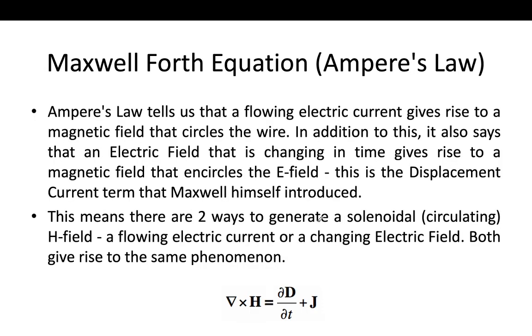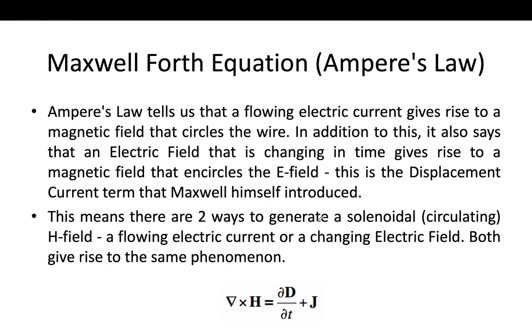So now Maxwell's fourth equation, that is also known as Ampere's law. Ampere's law tells us that a flowing electric current gives rise to a magnetic field that circles the wire. In addition to that, it also says that an electric field that is changing in time gives rise to a magnetic field that encircles the electric field.